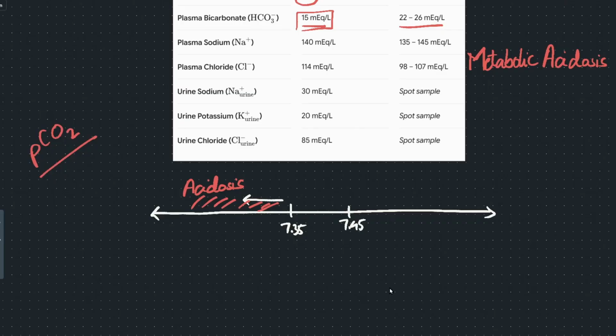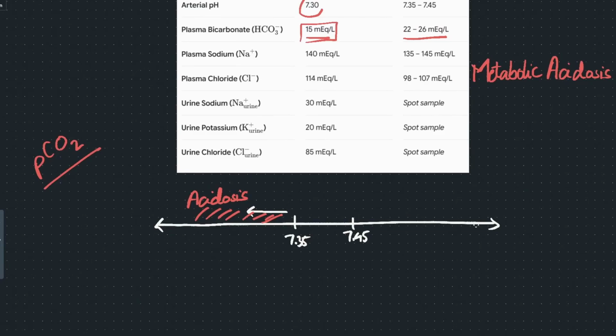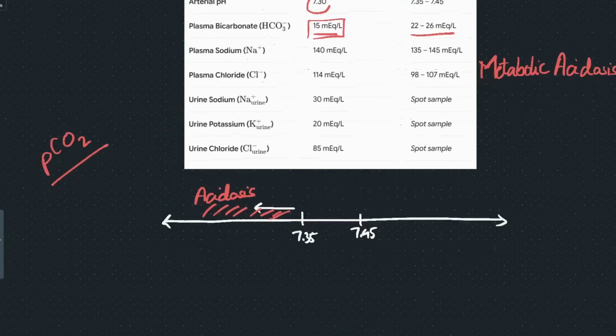The person would breathe quickly, hyperventilate basically, to get rid of some extra acid. So there is a respiratory compensatory element. But this case is truly to demonstrate the power of the anion gap.